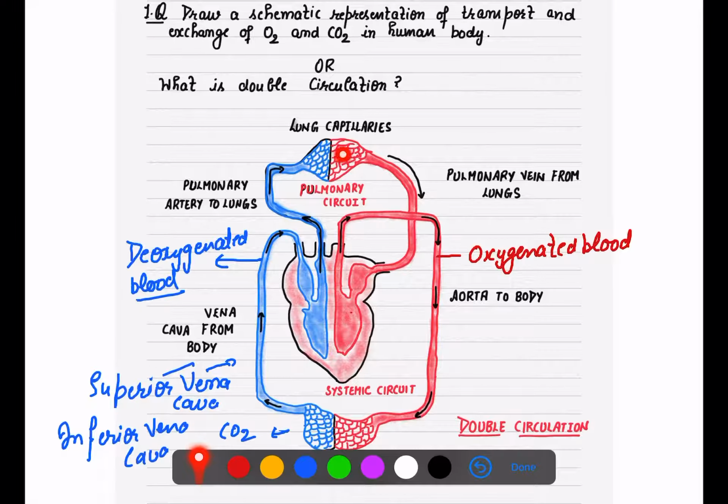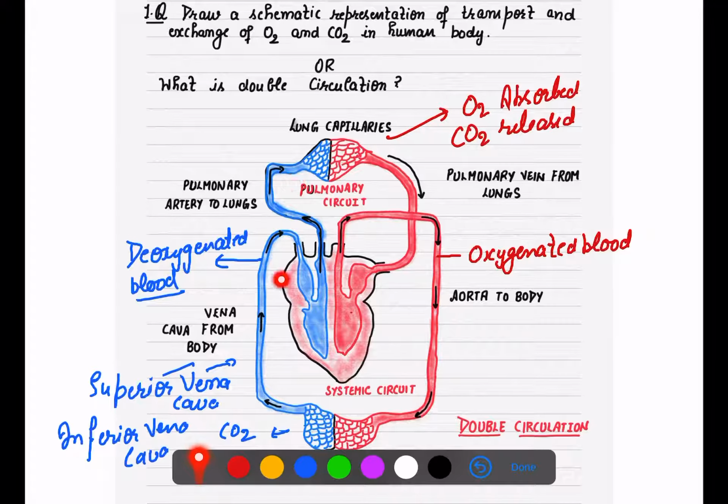Now in the lungs, oxygen is absorbed and carbon dioxide is released. That is why this blood changes into oxygenated blood.